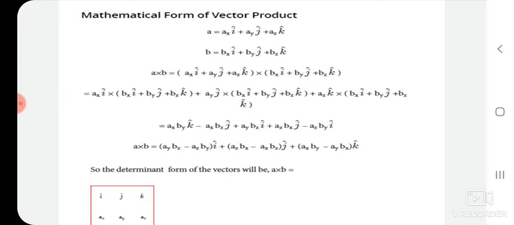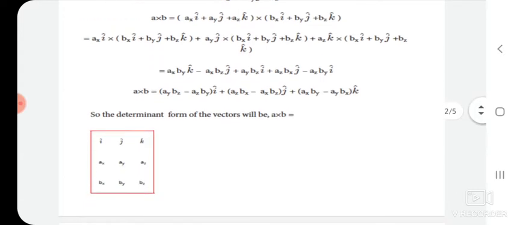If we simplify, finally we get A cross B equal to (Ay Bz minus Az By) i-cap plus (Az Bx minus Ax Bz) j-cap plus (Ax By minus Ay Bx) k-cap.